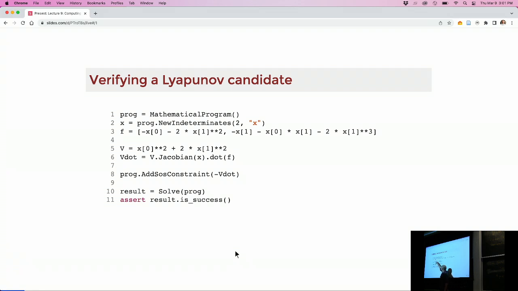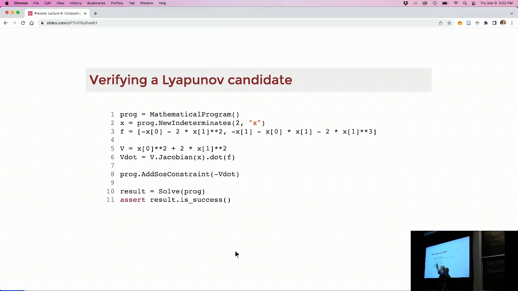So we say X is the indeterminants, and then I'll say my dynamics are just what I wrote on the board there. That's the X1 dynamics, that's the X2 dynamics. I say I believe that this is a Lyapunov candidate. I can just use the symbolic tools in Drake in this case to take the derivative.